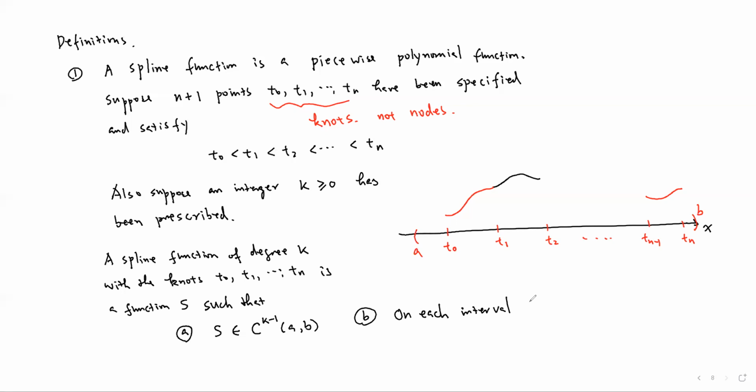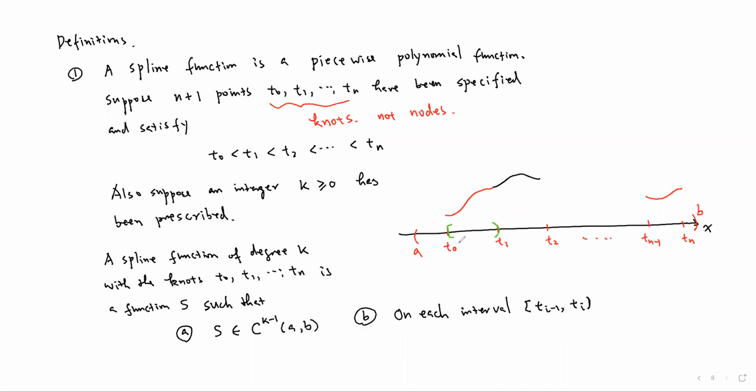Pay attention, this interval is closed on the left and open on the right. For example, the interval t0 including, t1 not including.